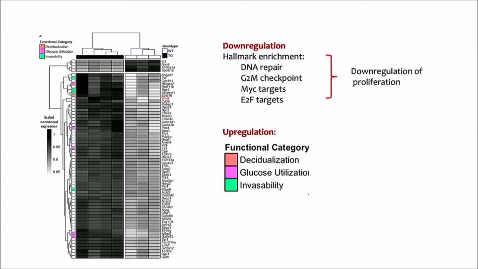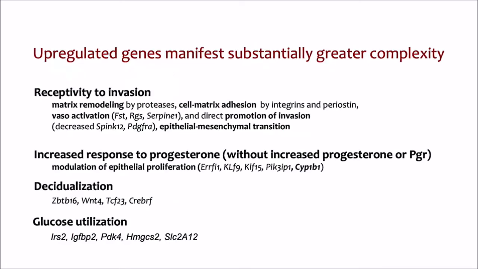That seems to imply the down regulation of the proliferation on the one hand, and then we have upregulation of quite some genes, and that seems to be genes associated with decidualization, the process I told you about already. Although you might think, but in mice they don't actually decidualize non-pregnant, so that's a little bit of an interesting conundrum. We have glucose utilization and invasibility, and that's where it's becoming interesting.